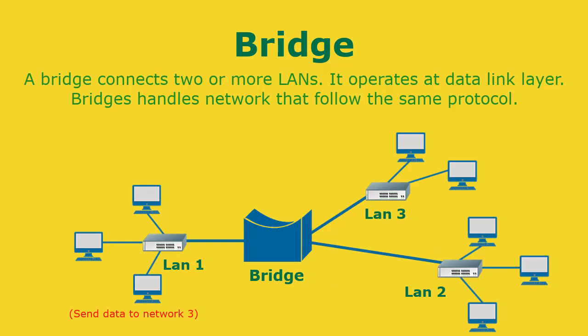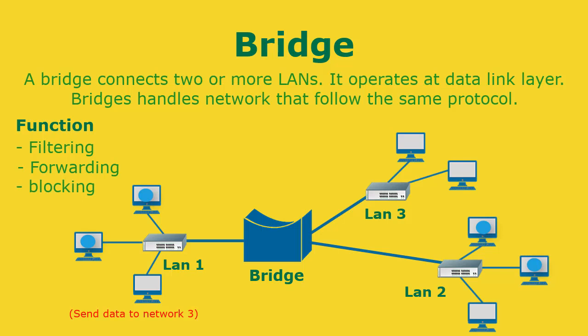Like a hub, a modern bridge has multiple ports, but unlike a hub, when a frame arrives, the bridge extracts the destination address from the frame header and looks it up in a table to see where to send the frame. A bridge only outputs the frame on the port where it is needed and can forward multiple frames at the same time. So filtering, forwarding, and blocking of frames are functions of bridges.